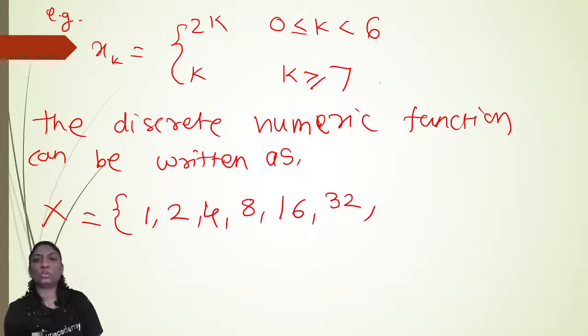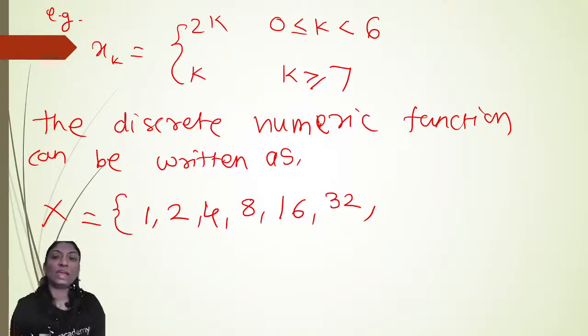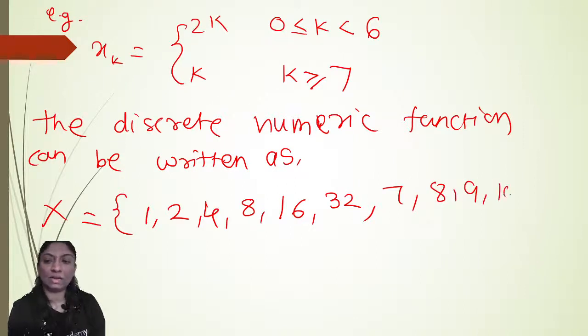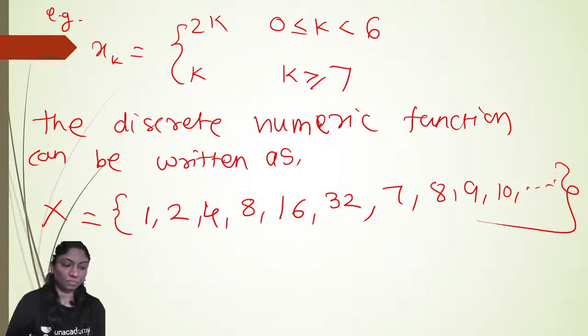Since it is only less than 6, we go up to 5. Now for k greater than or equal to 7, it is k, so 7, 8, 9, 10 and so on. This is the discrete numeric function for the given sequence x. It's a very simple point. Suppose x is given, then you can write the sequence also.